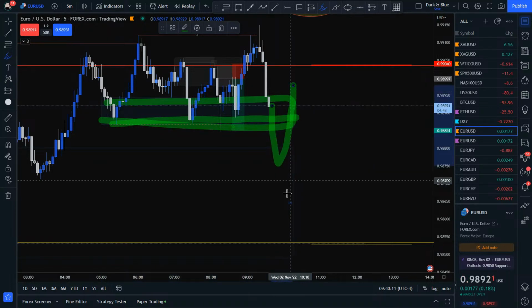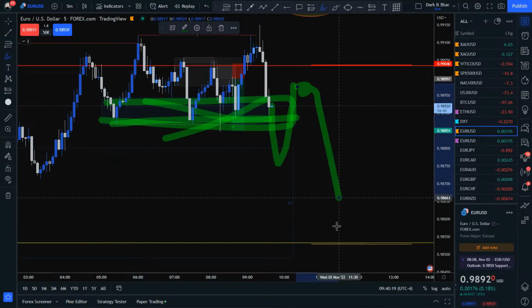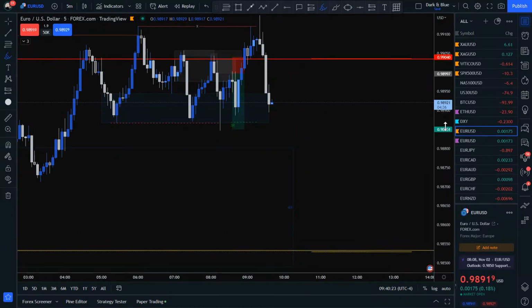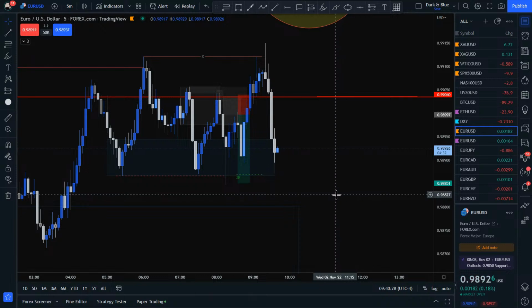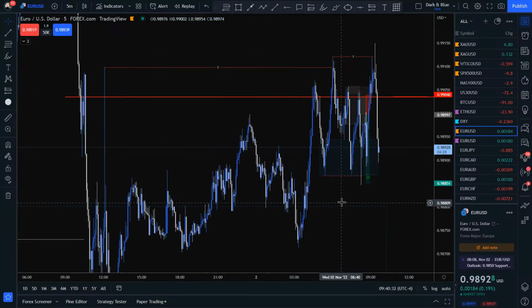I'm looking for price to come back up to the supply that caused this to fail and take a high probability trade to the downside. But it has to demonstrate, that's the whole key. It has to demonstrate that it intends to go lower. And that's what I need.